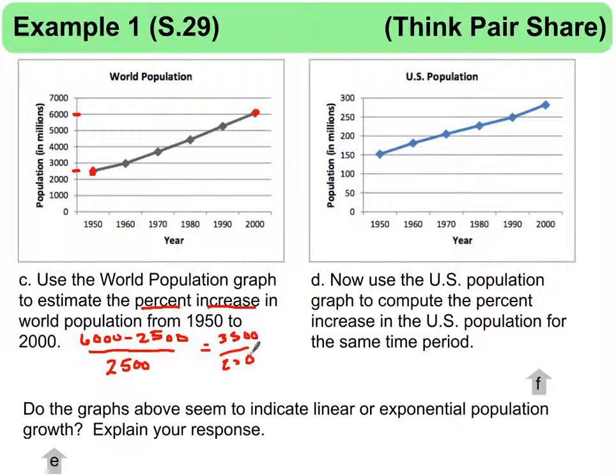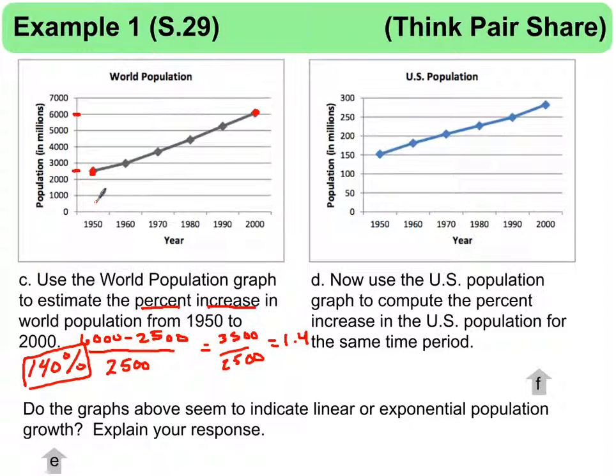Divide that by 2,500, and what you get is equal to 1.4. If we wanted to represent that as a percent, we would multiply that by 100, and so we would end up with 140% increase from the time we started in 1950.